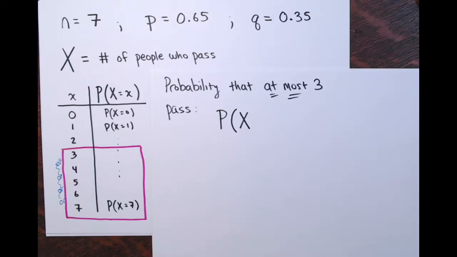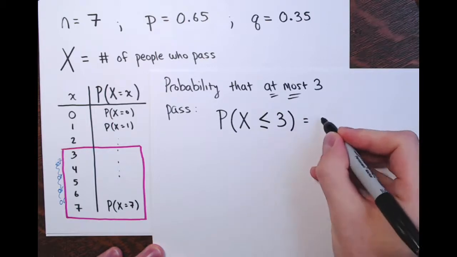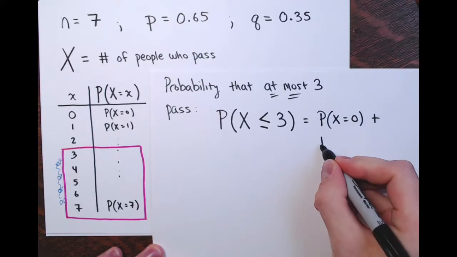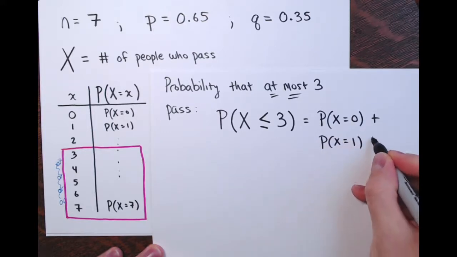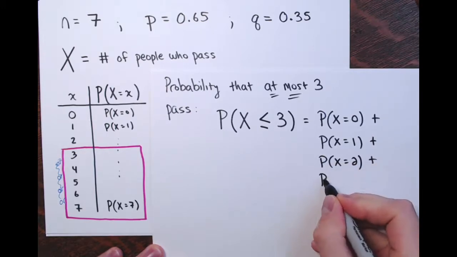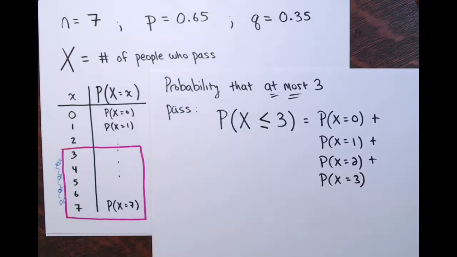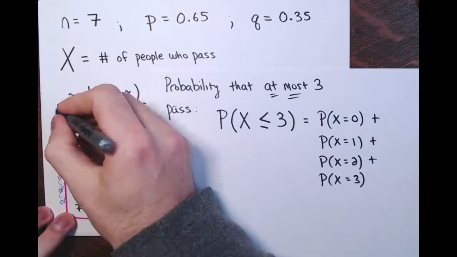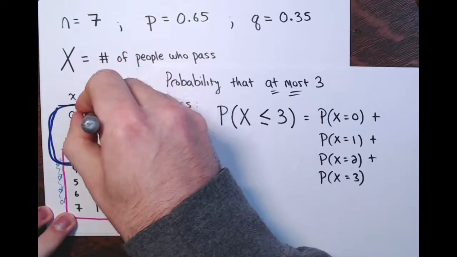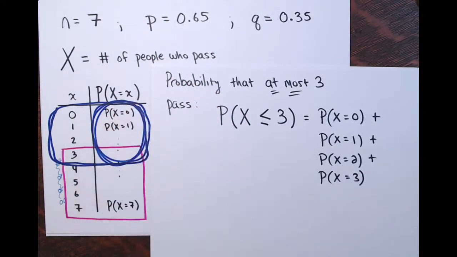So that's X is less than or equal to 3, which would be the probability that you get 0 successes plus the probability of getting exactly 1, plus the probability of getting exactly 2 successes, and then finally plus the probability of getting exactly 3 successes. Now on my chart here, that would be this part of the box, in the purple, the sum of the probabilities from 0 to 3.